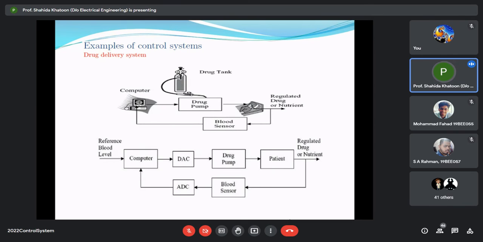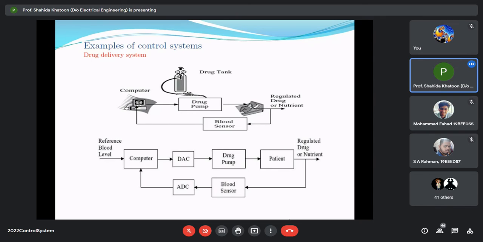How to regulate the drug given to a patient through a drug tank, which is pumped to the patient through a drug pump, and the computer is used to regulate. The reference blood level is taken as the input to the computer, and the output of the computer is given to the DAC, that is digital to analog converter, which is given to the drug pump.